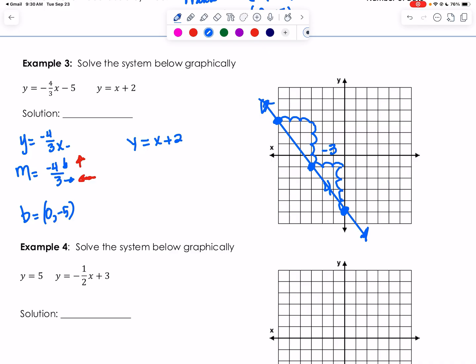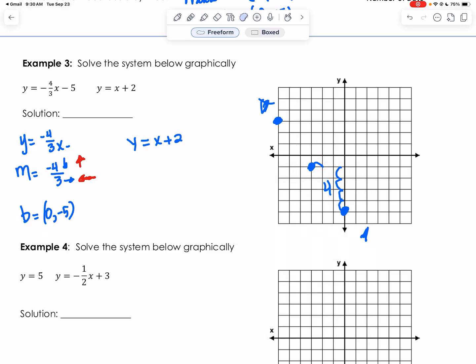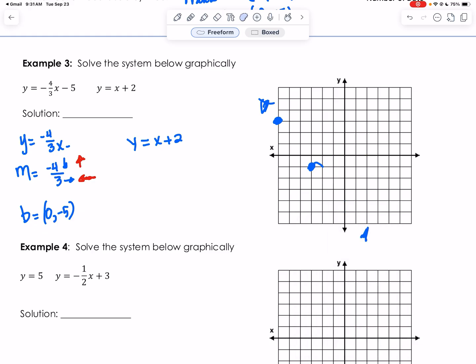All right, for y equals x plus 2. Now I might see, can I erase some of this so that my next line is a little clearer? Let's try to erase that. Okay, let me just draw this line so it's a little bit straighter for you.